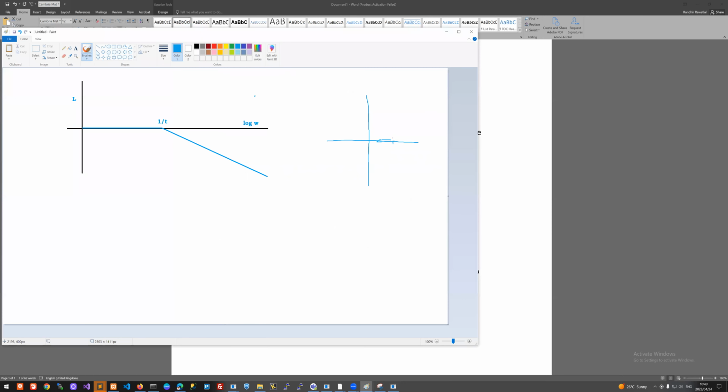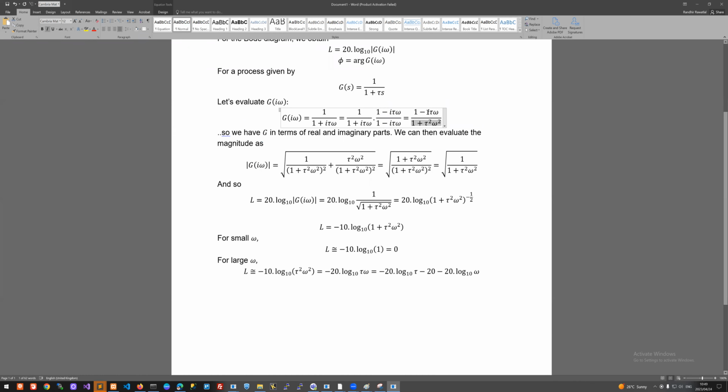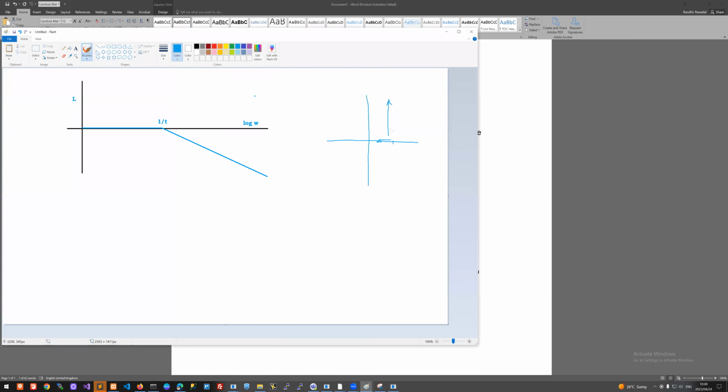So the imaginary part is still increasing relative to the real part. If you were to take the ratio of those two, the imaginary part over the real part, that is on balance linear in omega. So relative to the real part, the imaginary part is going up to infinity.